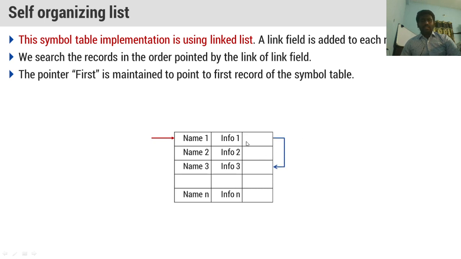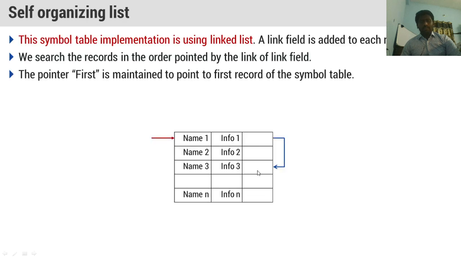Now when we see the pointer, information 1 is linked to information 3, and name 1 is linked to name 3. Whenever I go to name 1, I have the address of name 3 and information 3, so I will go to that address.